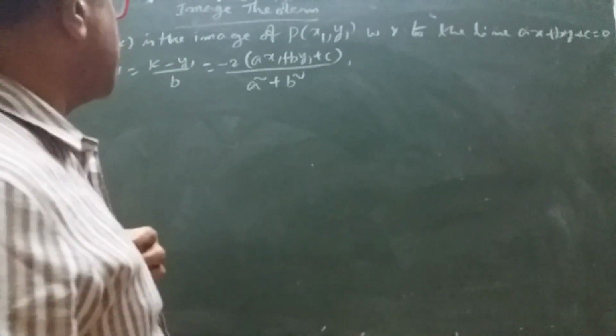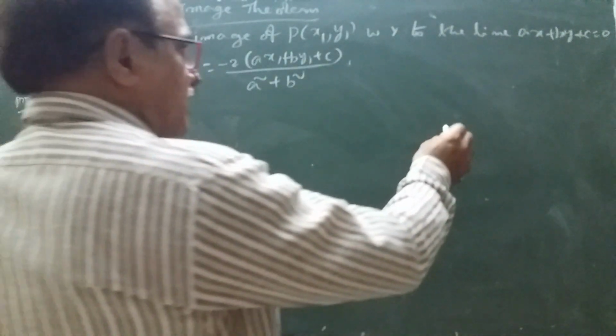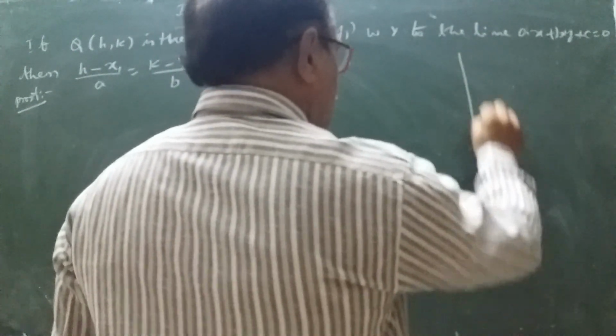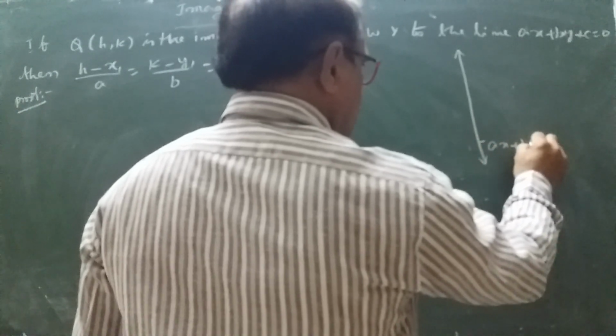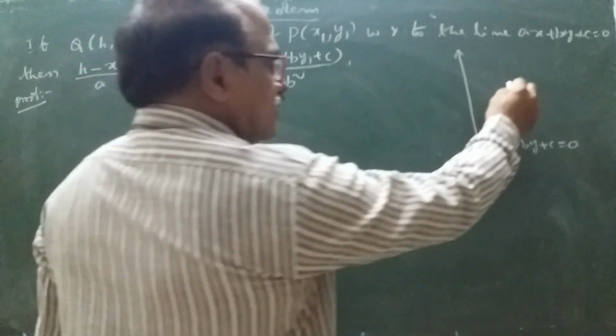as per the given data. Here a straight line is there. The equation of the straight line is ax + by + c = 0.